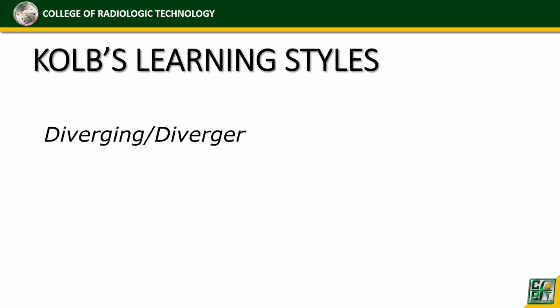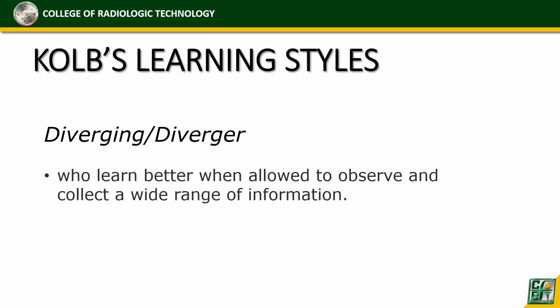Okay? So, ito naman yung learning styles according to the experiential learning style model ni Kolb. First is diverging. Ang tawag dun sa tao na nag-utilize nito ay diverger. These are people who learn better when allowed to observe and collect a wide range of information.